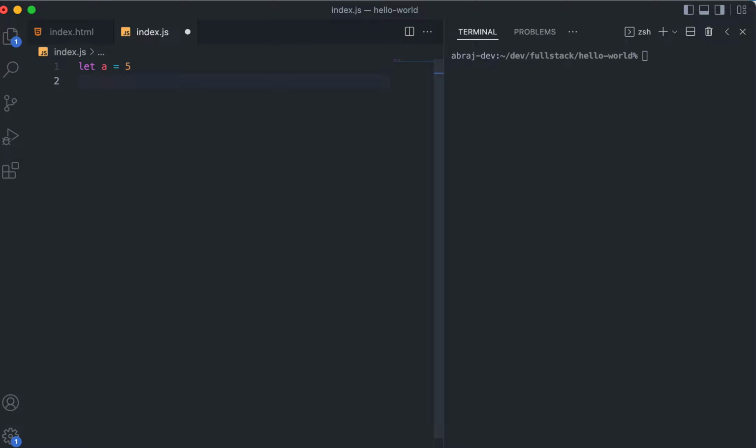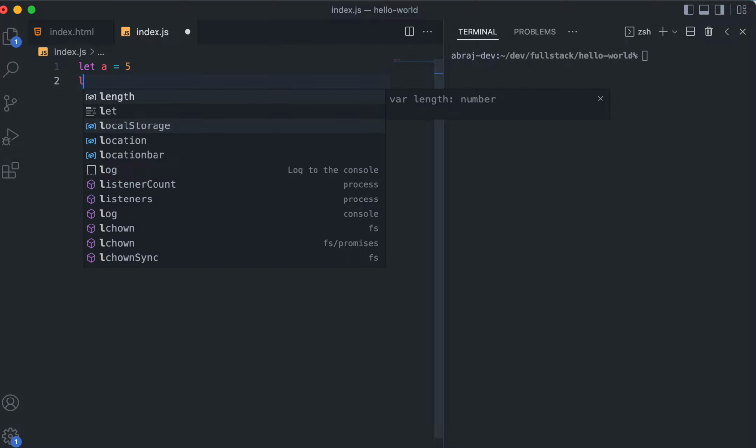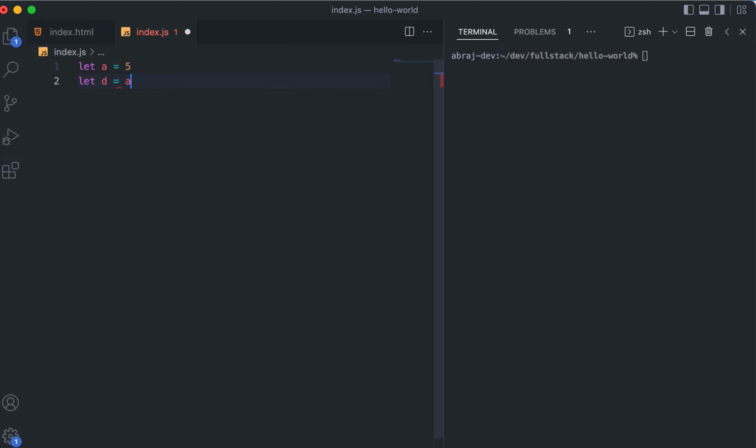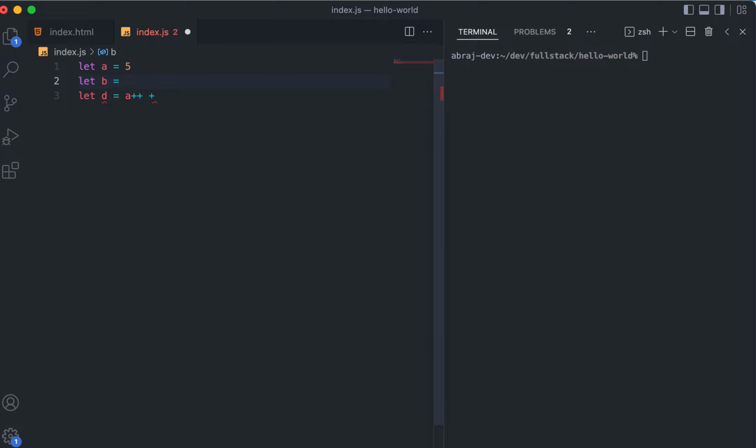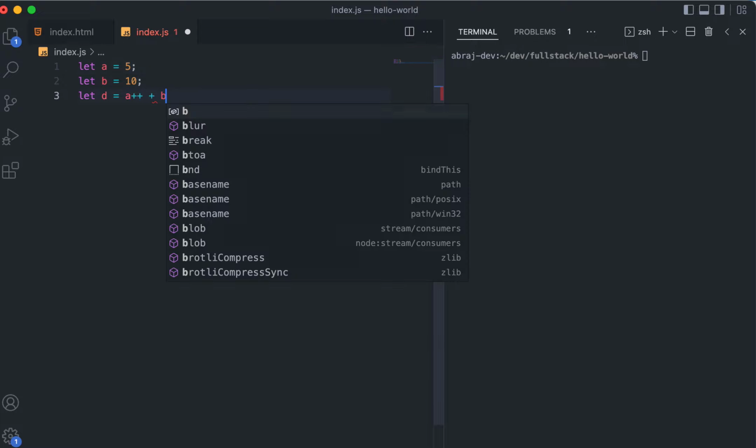Let's have an expression with a plus plus plus. Firstly, let's take two variables. Let b be equal to, let's say, 10. And then we are doing a plus plus plus b plus plus.